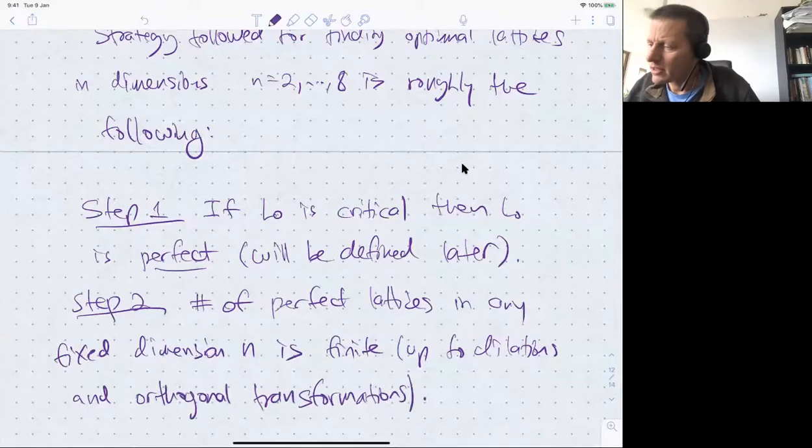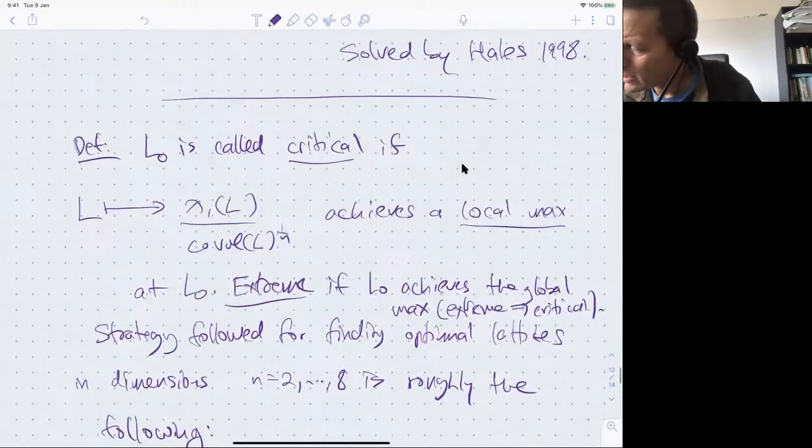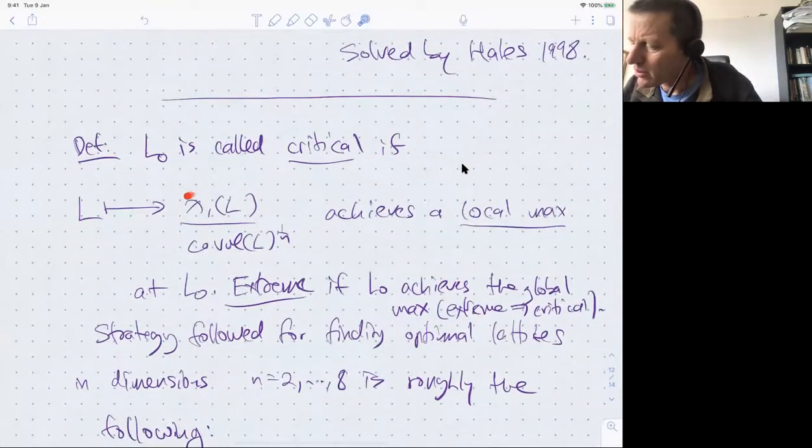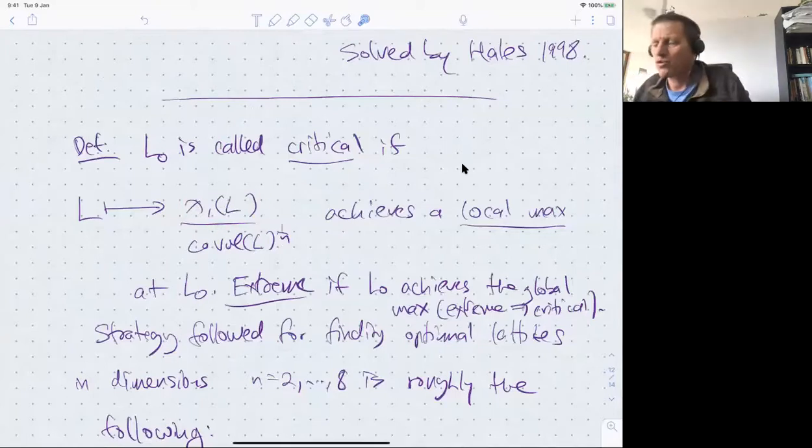So let's talk about this for a moment. If you apply an orthogonal transformation, since we're measuring the length of the shortest vector with respect to the Euclidean metric, if you take a lattice and apply an orthogonal transformation, you're not changing the length of the shortest vector, and you're also not changing the covolume.